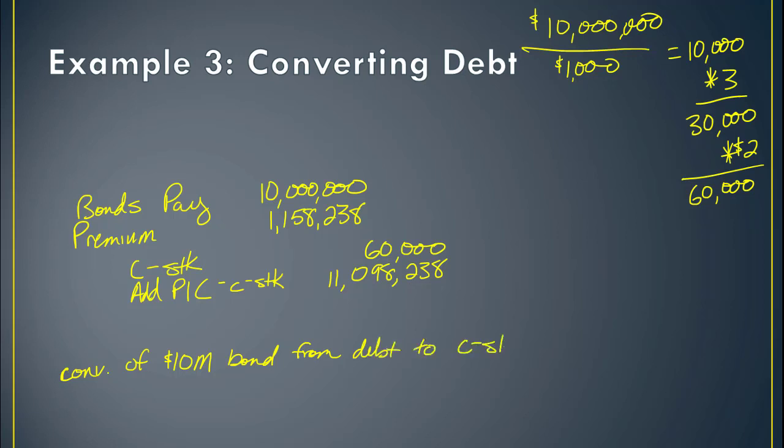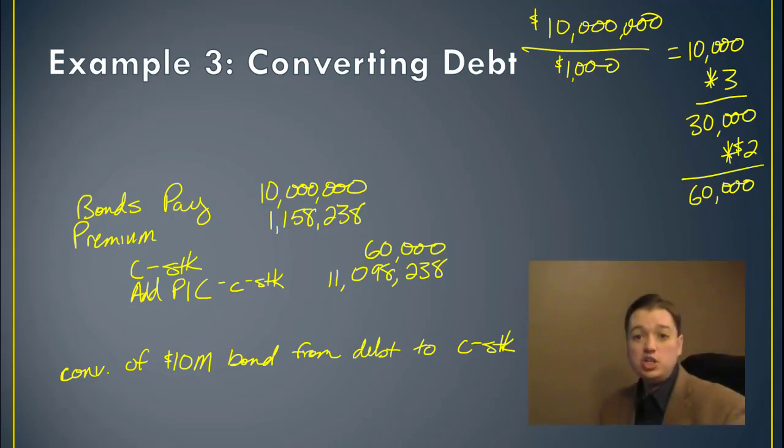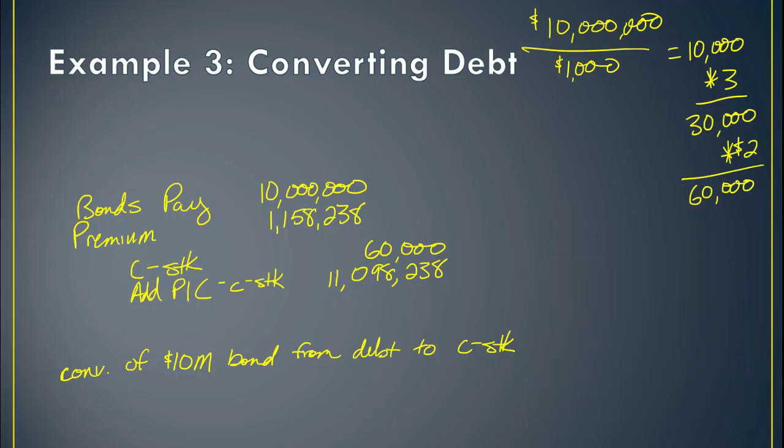Now we've done this with the whole bond, but just like we can do with extinguishing debt, we can convert just a small portion. You may have just a few investors decide, you know what, I don't want debt, I want equity. So you can do this entry for even just one bond. You take the amount of the premium divided by 10,000 to get one bond's worth, and that's the amount of premium you'd get rid of.